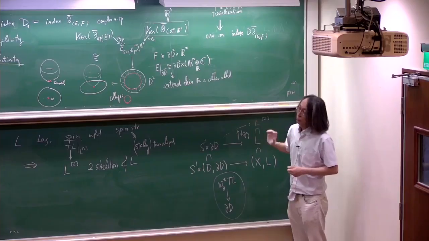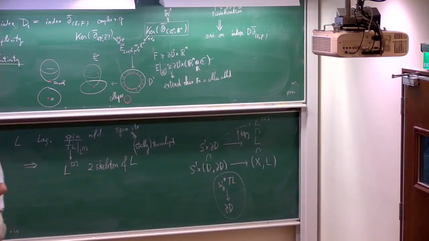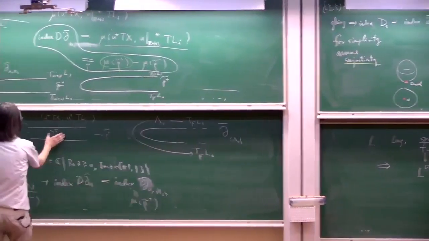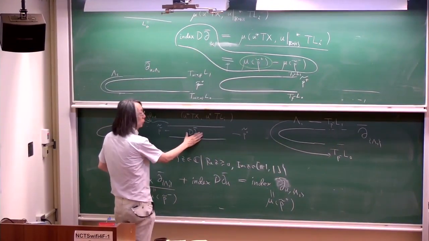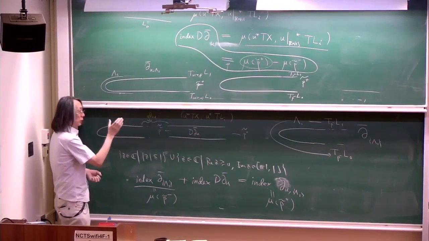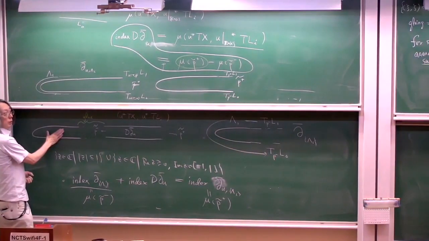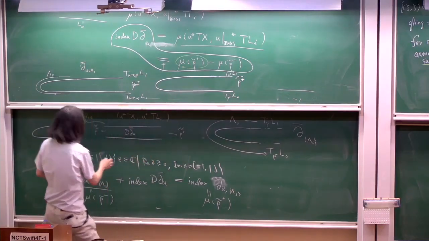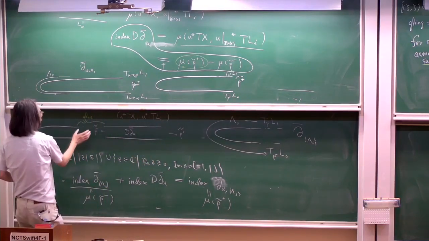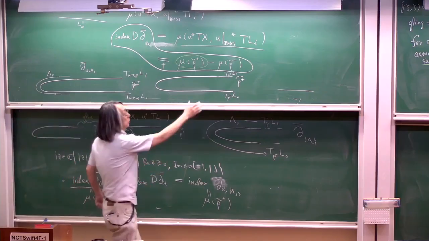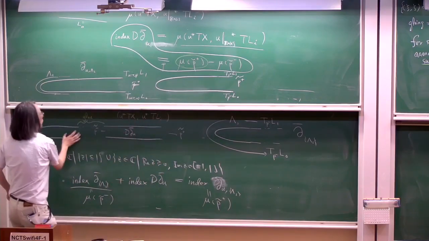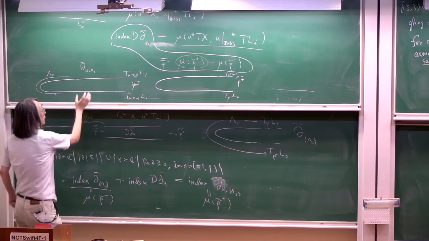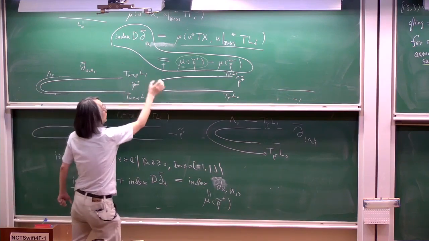So in this story, if I want to give the orientation of the index, what we do is pick an orientation on this part and an orientation on this part. For each P, I have this, and I pick orientation of this part and this part. Then if you glue them together like this, this one is the same as this.